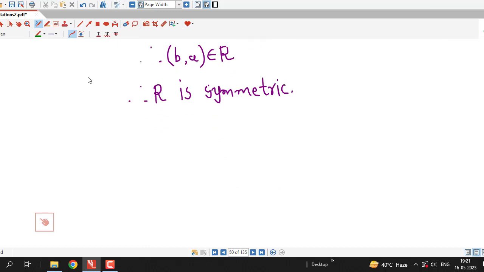Now we check for transitive property. For transitive property, we will require three elements in the given set. Given set is the set of integers.